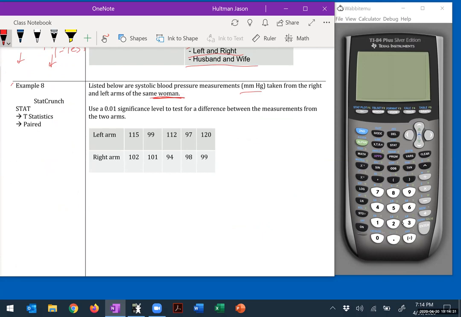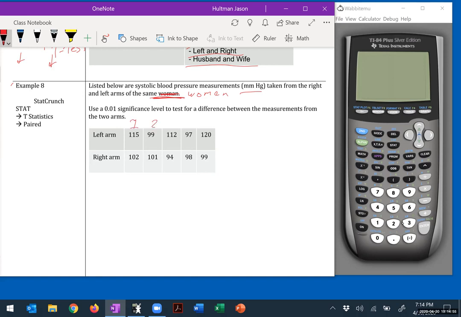Oh, okay. Is there a difference in the arms? I think this should say same women, because this should be woman 1, woman 2, woman 3. This is woman 1.